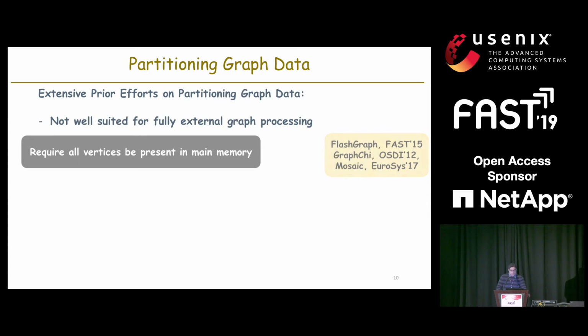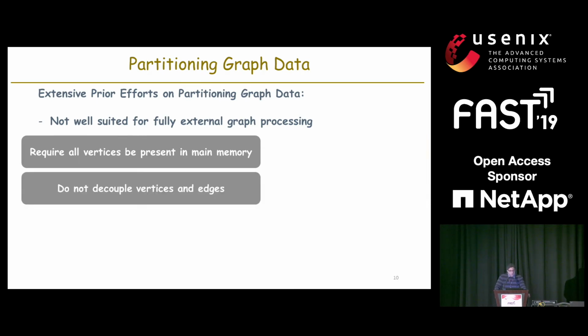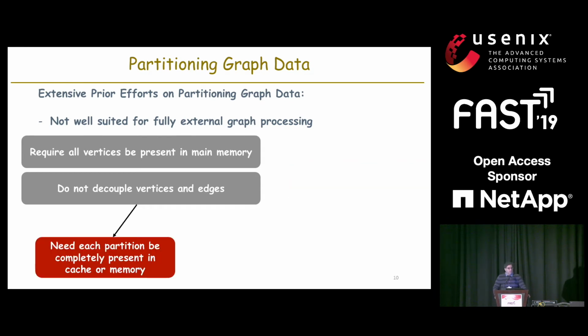And on the other hand, some other instances apply their partitioning to whole graph data, including vertices and edges, and they do not decouple vertices and edges. And as a consequence of that, they need the data associated with each partition to be present in the main memory or cache to process that partition.